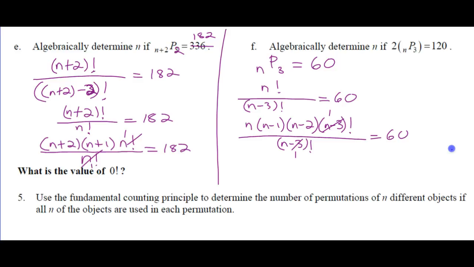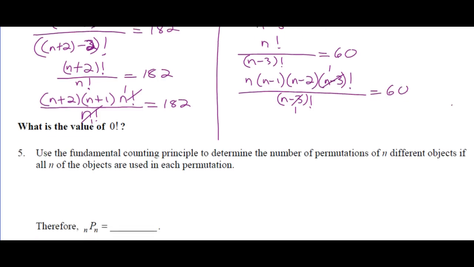It's okay, we know how to do cubics, right? Okay, so what have we got? N times, let's do it this way. So we got n squared minus 3n plus 2 equals 60. Let's go with that. So n cubed minus 3n squared plus 2n minus 60 is equal to 0.